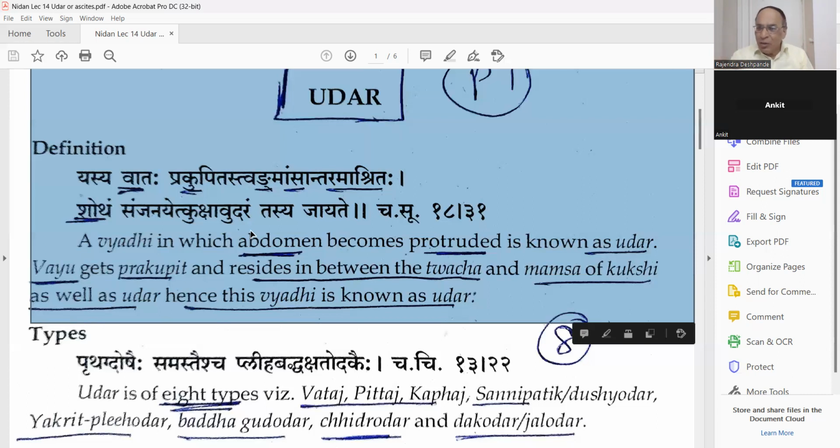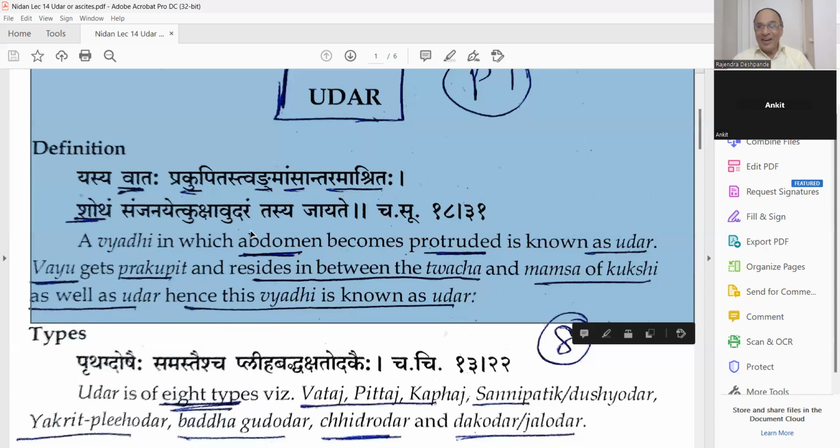Another case, a lady is there: no, this is not ascites, this may be a uterine fibroid, tumor. So these are the 4 diseases: obesity, ascites, pregnancy, uterine fibroid.